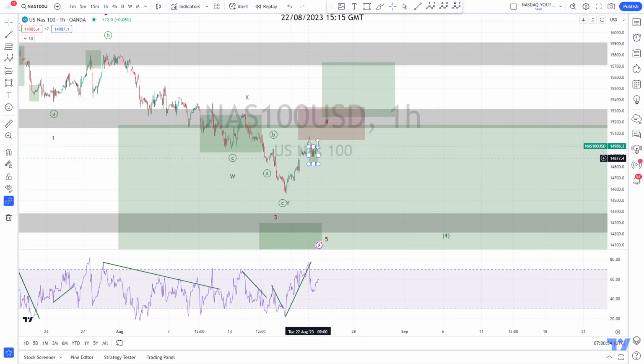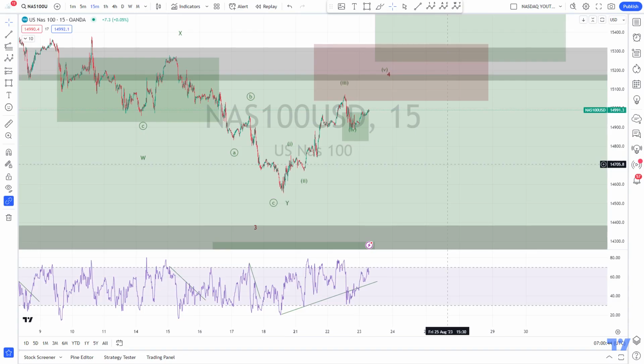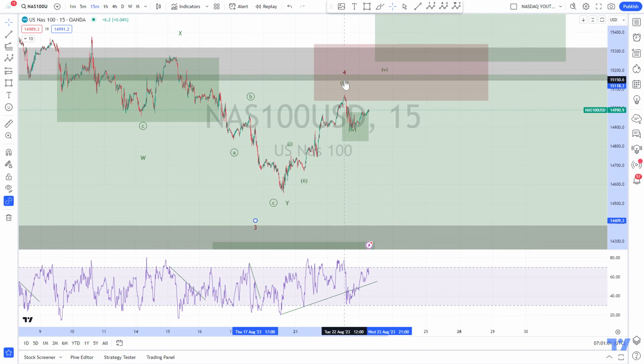If it plays out, I already think that this should be the way for high, because it looks like then this becomes the ABC, like A, B, and then this extended wave C here. This then should be the wave for high. So if you believe in this scenario, this might actually be a short opportunity.